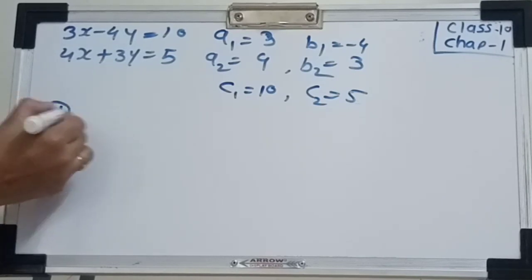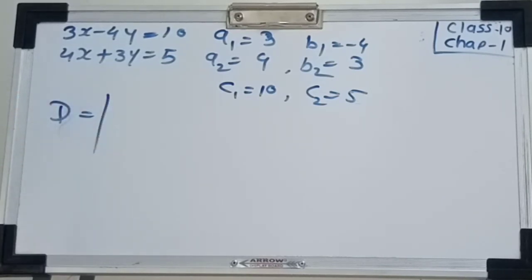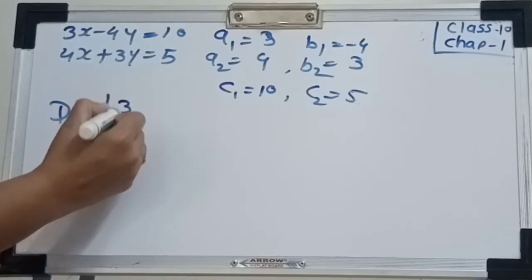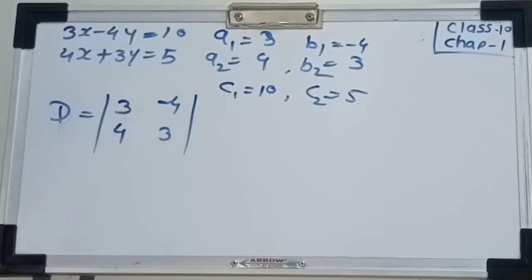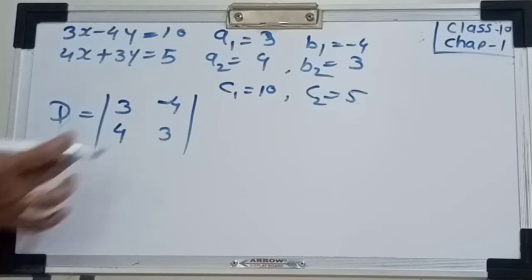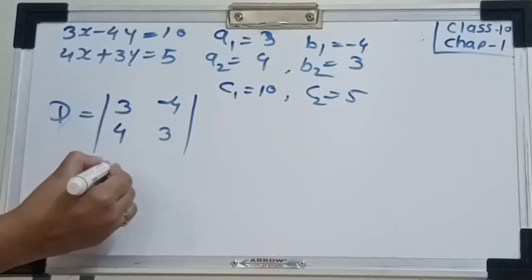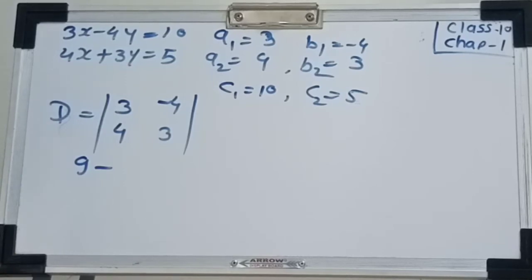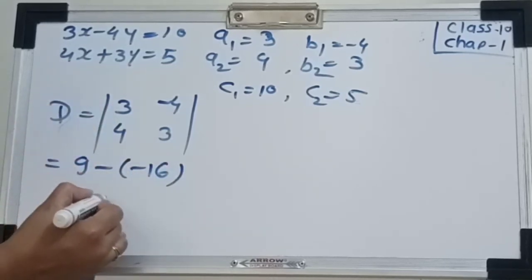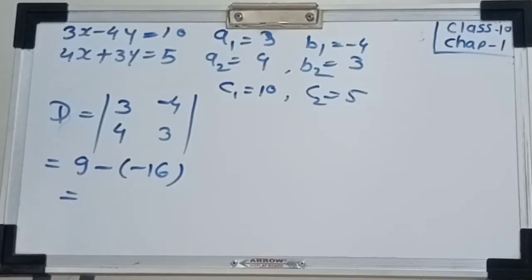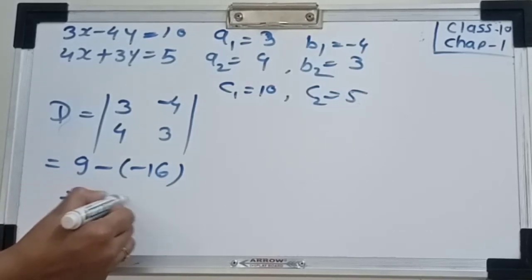First we find d. For d, we have a1, a2, b1, b2. 3, minus 4, 4, 3. 3 threes are 9 minus 4 fours are 16. Here it is minus 4, hence minus 16. 9 minus minus 16 means minus minus plus, 9 plus 16, 25.